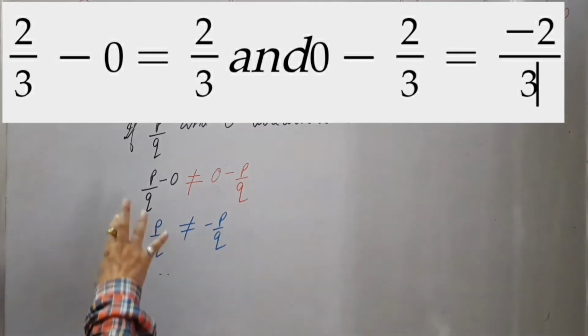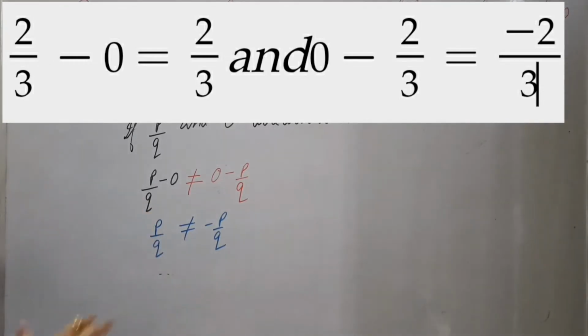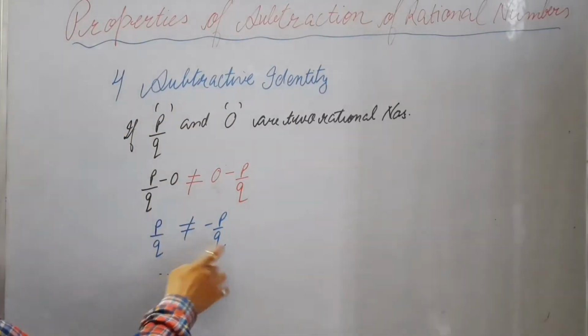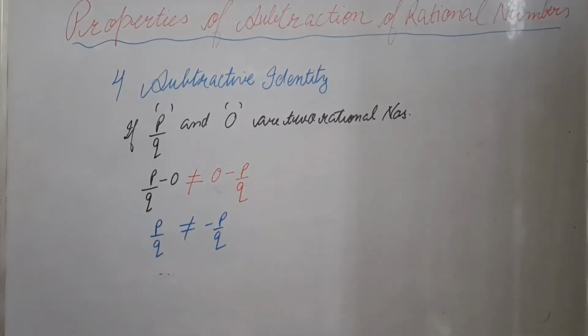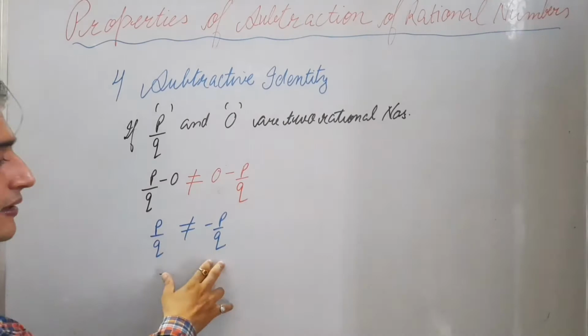Right? So from this we conclude that the subtractive identity, if the values come same, then you can say subtractive identity exists. But here the answers are different.